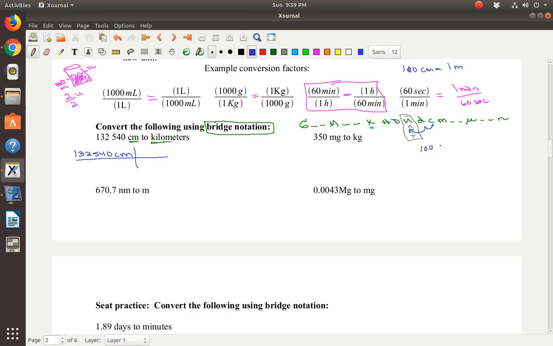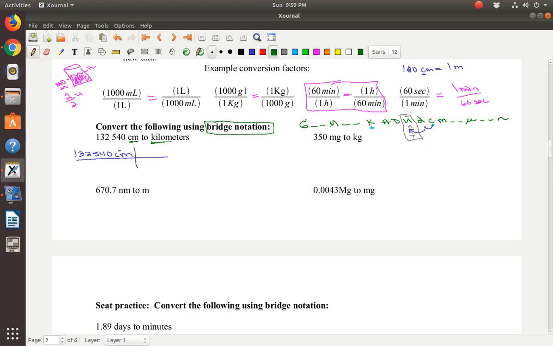If centi, the C, means 100th of a meter, and I multiply that by 100, notice how the 100s cancel and I end up with just the M for meter. It's just another way of picturing it. So centi means 100th, so I need 100 of them.